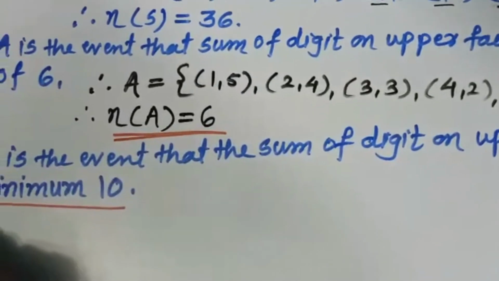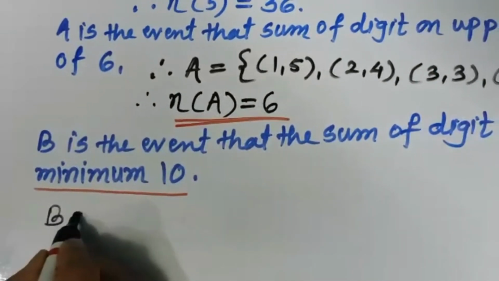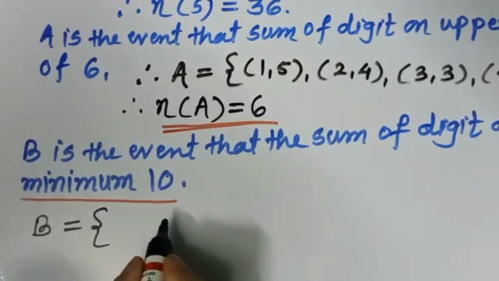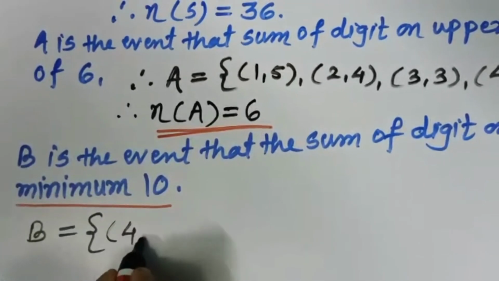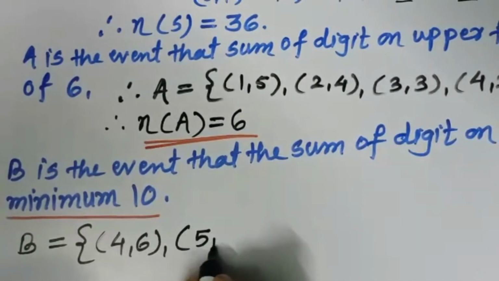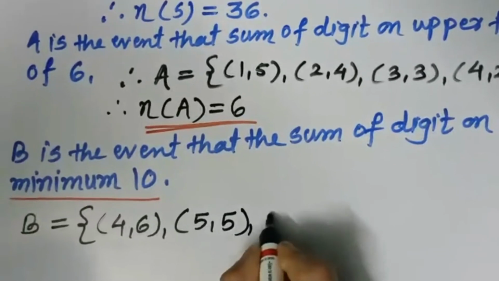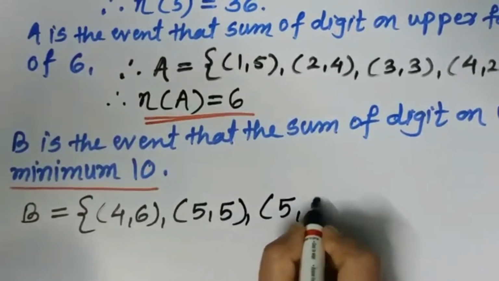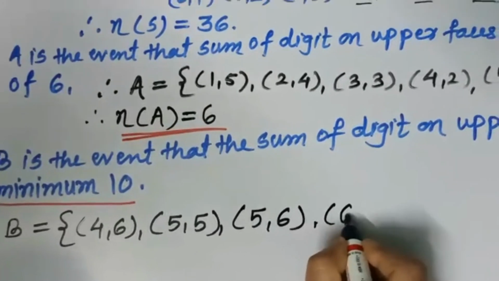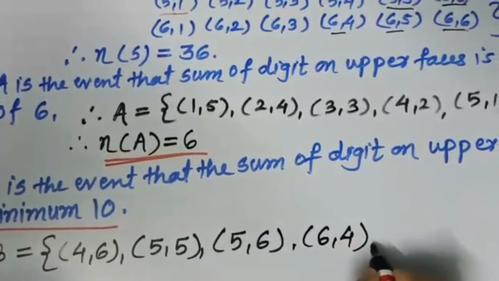So in this B event, we now write those points. B is the event of first, 4 and 6. Then the next one is 5 and 5, 10. Then 5 and 6, 11. Afterward the next one is 6 plus 4, 10, so this point also will come.